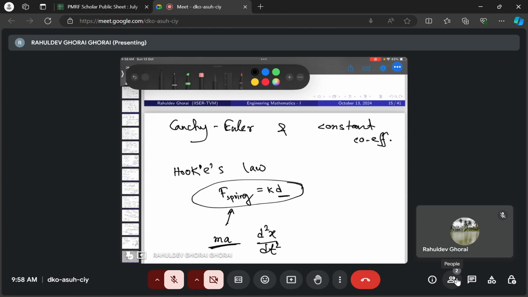So you can get a differential equation of order 2 there. Even in electrical circuits, and many more examples, you can see it coming naturally.